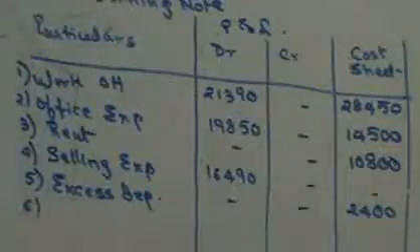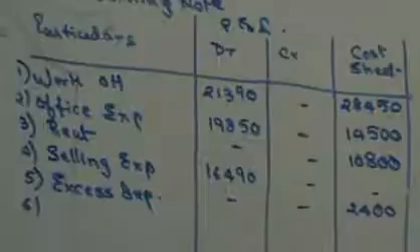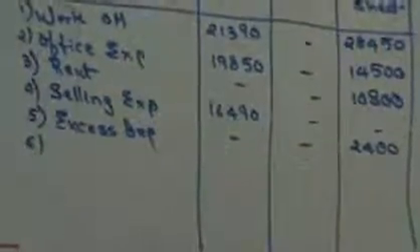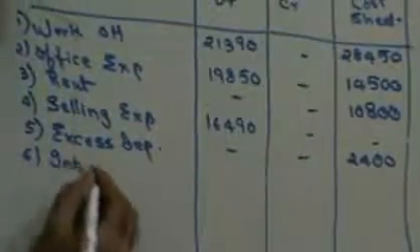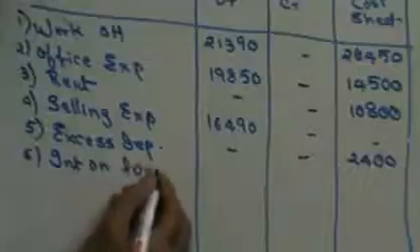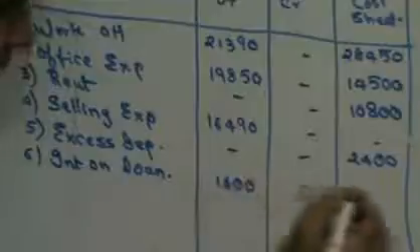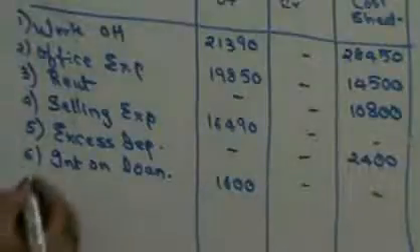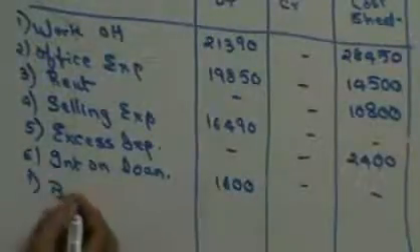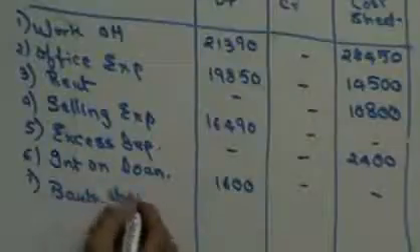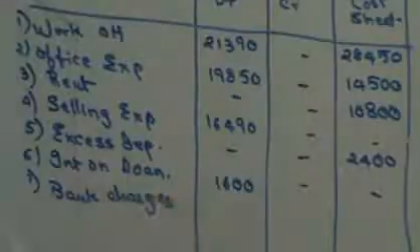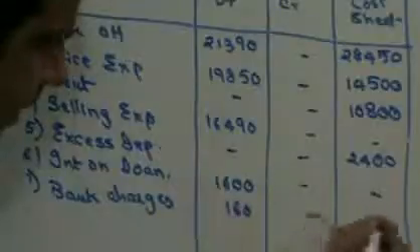Next, expenses not included in cost but shown only in financial account. Interest on loan is given to you as 1,600. Next, bank charges are given to you as 160.